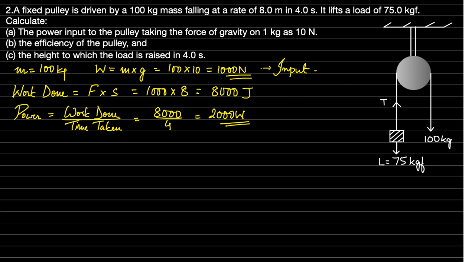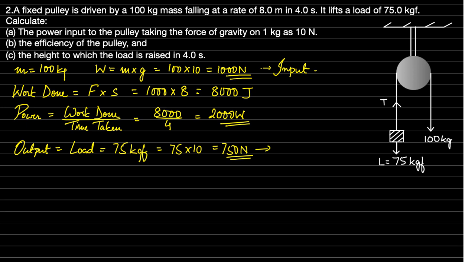So here I would write output equals load, that is equal to 75 kgf. Now when we convert 75 kgf to newtons, we multiply by 10. So we get this as 750 newtons. So 750 newtons is the output.